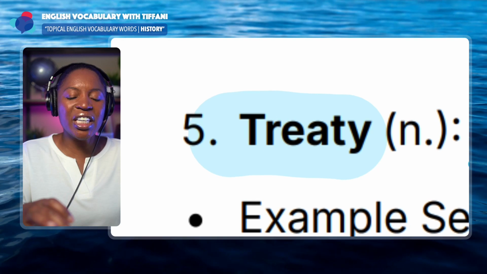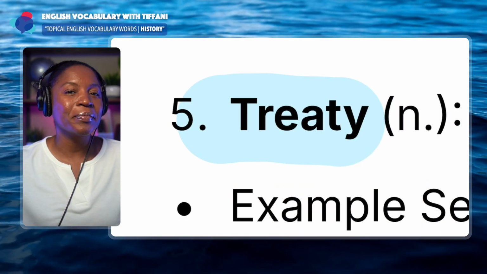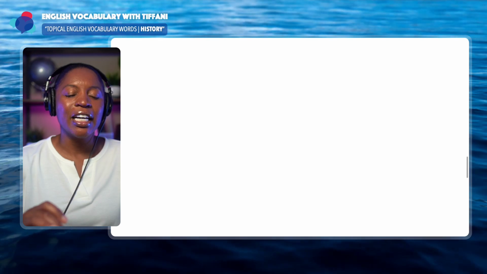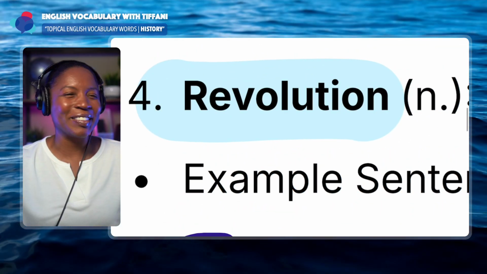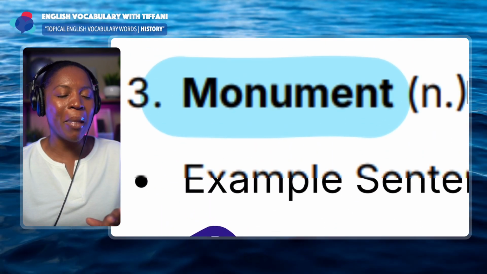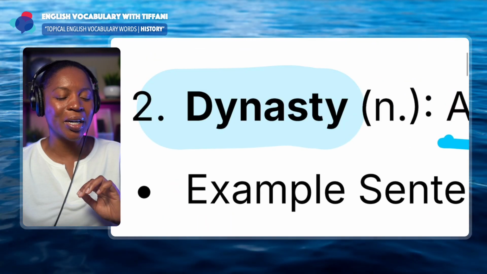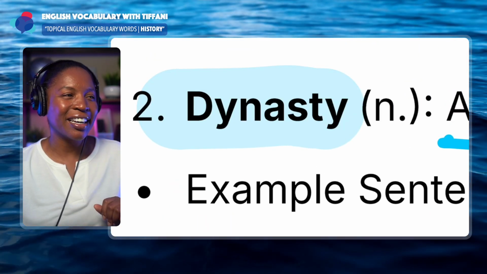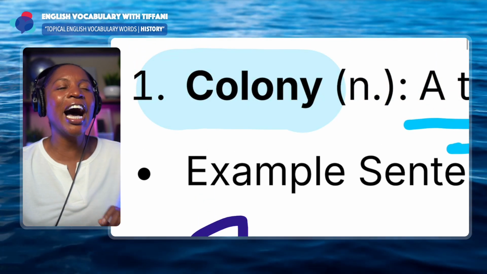So, once again, number 5 after me. Treaty. Good. Number 4. Revolution. Good. Number 3. Monument. Number 2, dynasty. And number 1, colony.